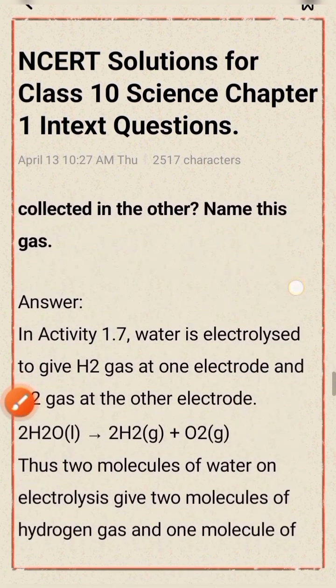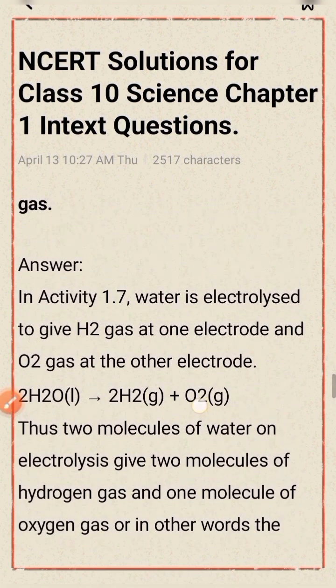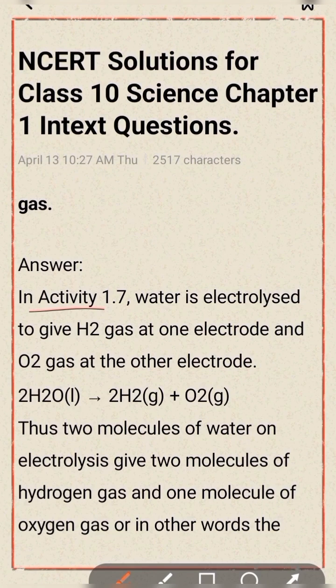Okay, this answer explains this part in Activity 1.7. Water is electrolyzed to get H2 gas, that is hydrogen gas, at one electrode, and O2 gas at the other electrode. That is the chemical equation: 2H2O liquid forms 2H2 gas plus O2 gas.